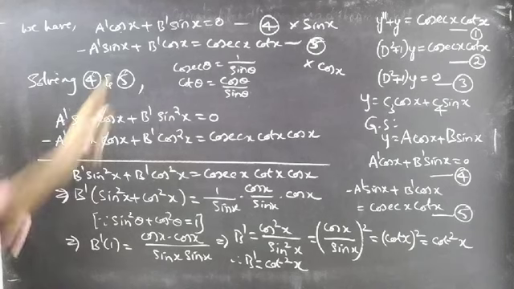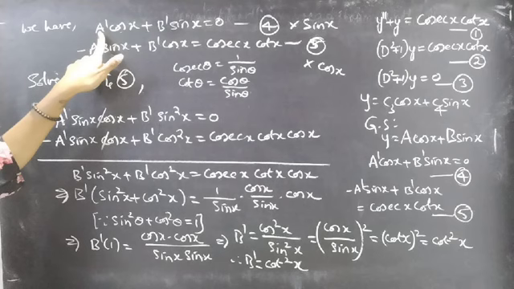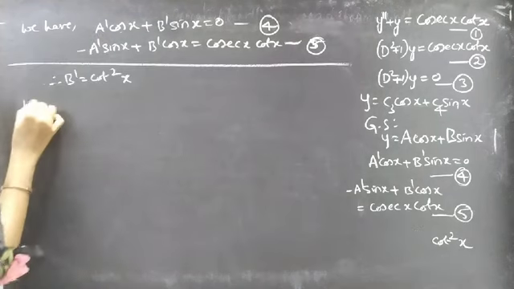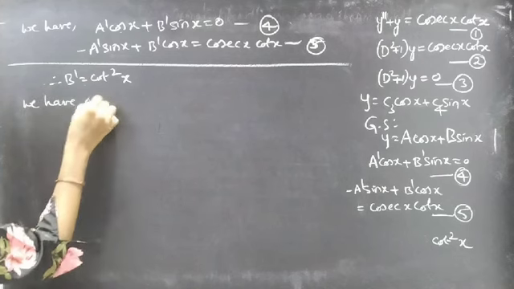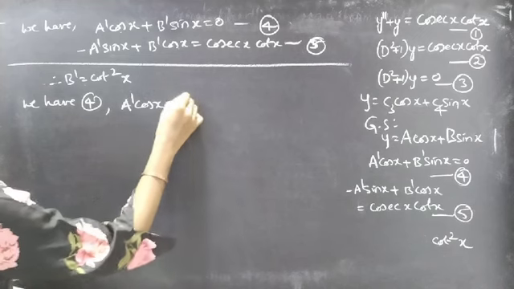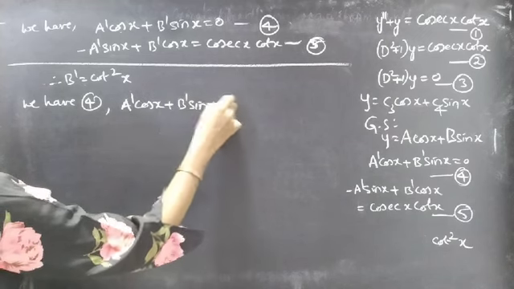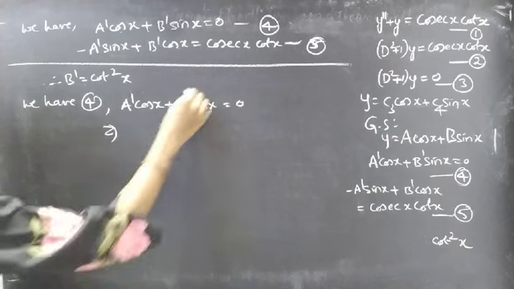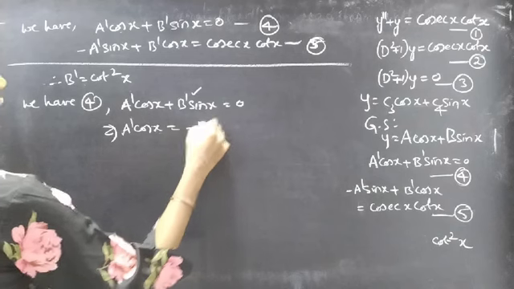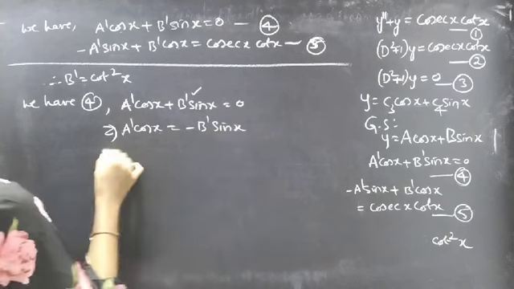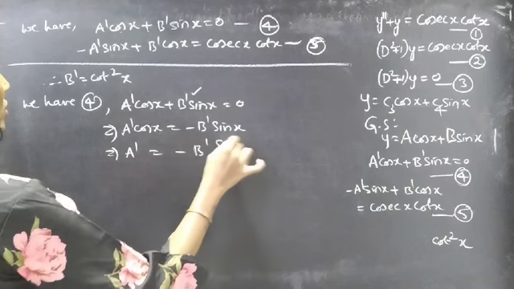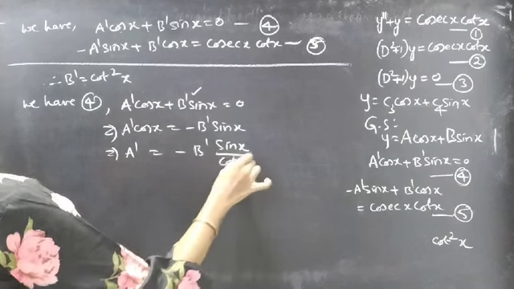Let's substitute b dash in equation 4 so that we'll get a dash. We have equation 4: a dash cos x plus b dash sin x equals 0. Now take this term to RHS, we'll get a dash cos x equals minus b dash sin x, then a dash equals minus b dash into sin x by cos x.